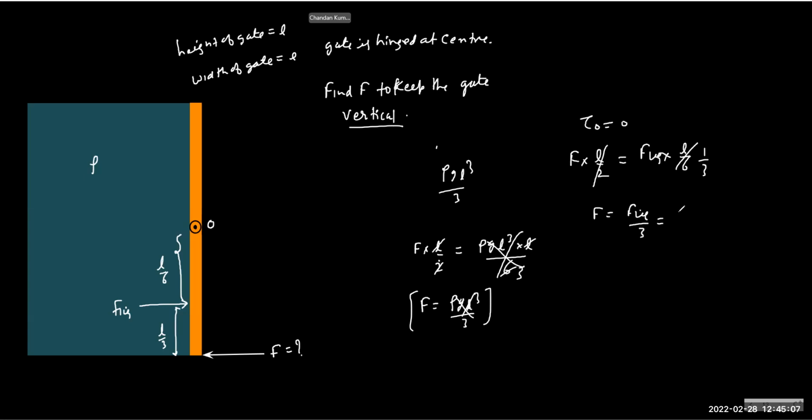Okay. So F liquid is how much? Rho G L by 2 into L square. So I hope this is clear. So F is how much? Rho G L cube by 6.